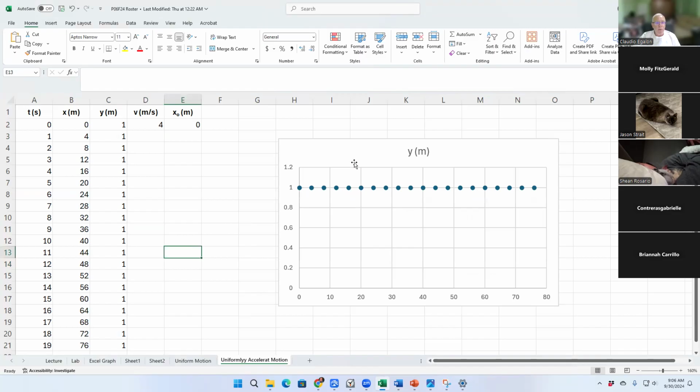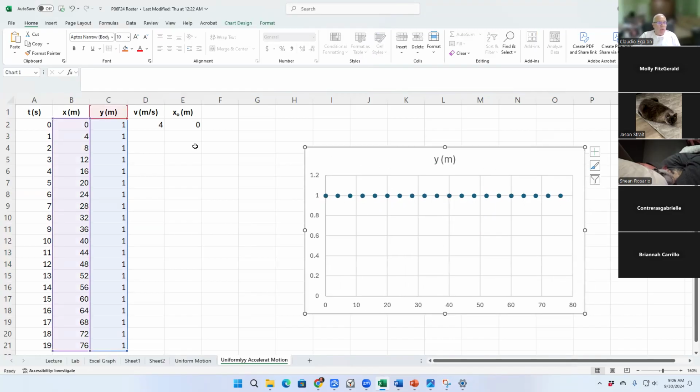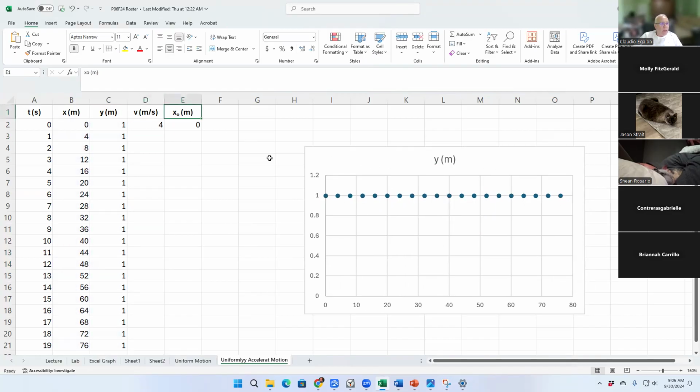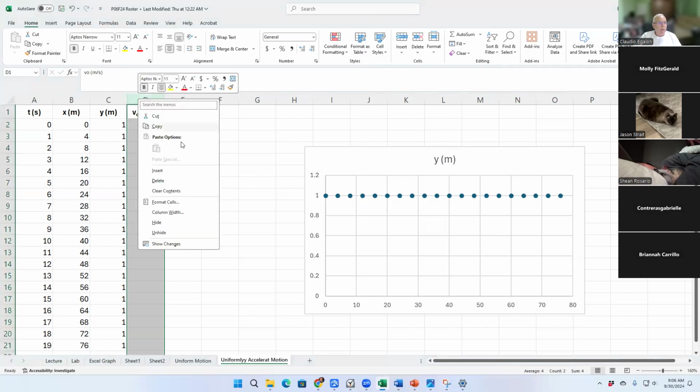And now I'm going to have v naught. I'll put it here and change the x by v. Change the unit to meters per second, right? What else am I going to have? I'm going to have the acceleration.